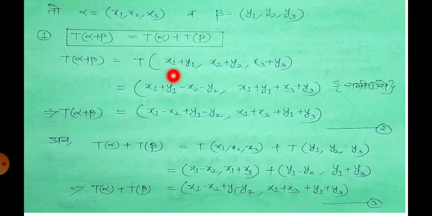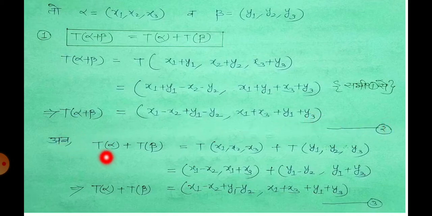So applying this, and arranging it, we get x1 minus x2 plus y1 minus y2, comma, x1 plus x3 plus y1 plus y3. This is equation number 2.